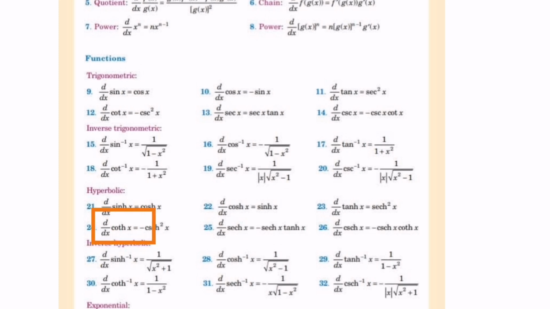Derivative of cotangent hyperbolic x is equal to minus cosecant hyperbolic square x, and derivative of secant hyperbolic x is equal to minus secant hyperbolic x times tangent hyperbolic x. Derivative of cosecant hyperbolic x is equal to minus cosecant hyperbolic x and cotangent hyperbolic x.